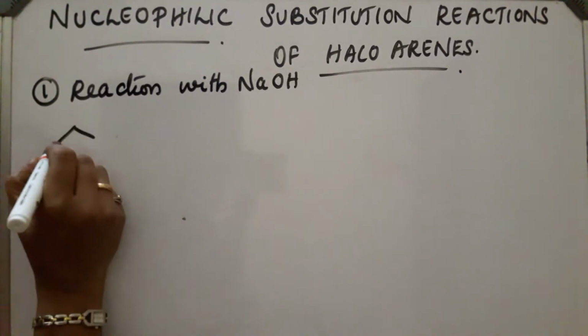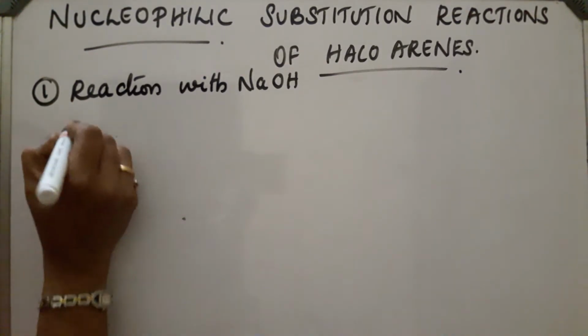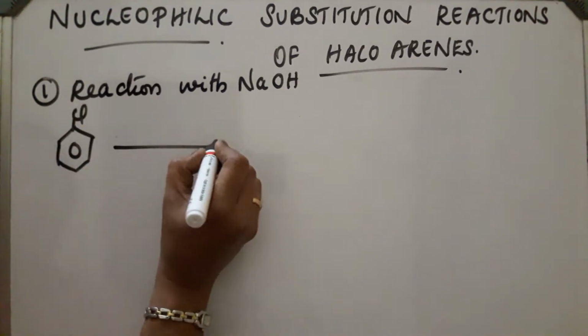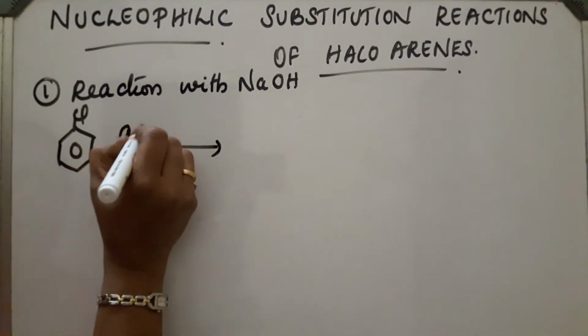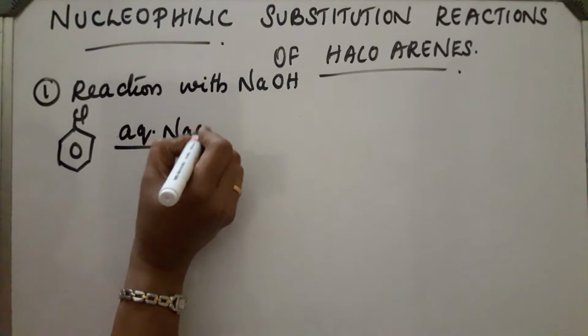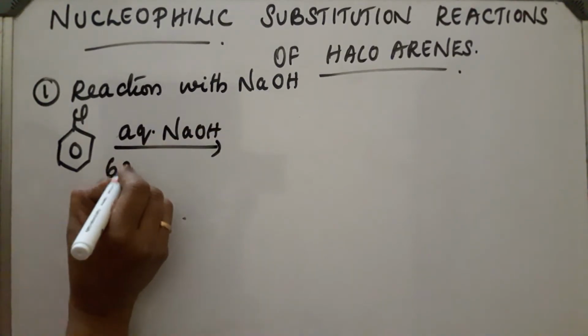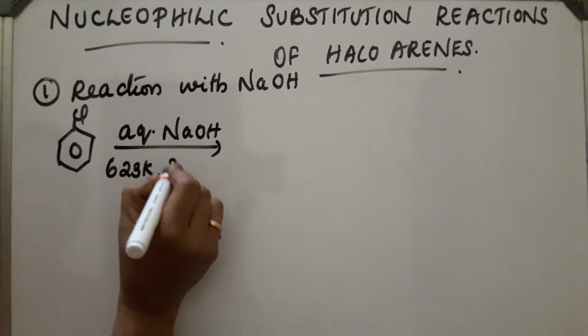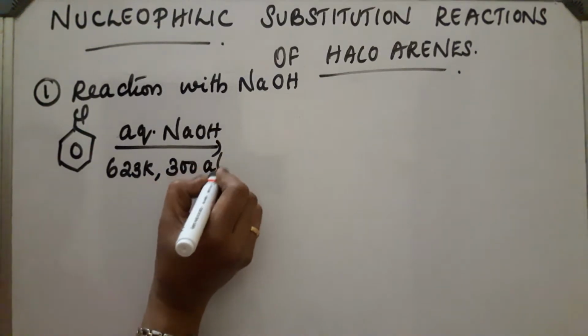Chlorobenzene heated with aqueous NaOH at a temperature of 623 Kelvin and 300 atmospheric pressure.